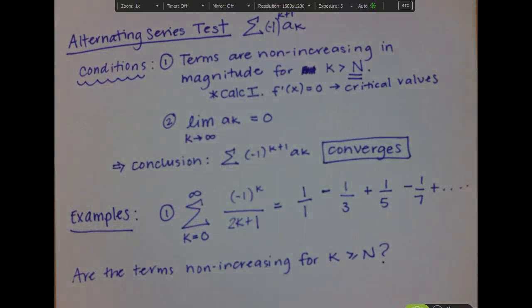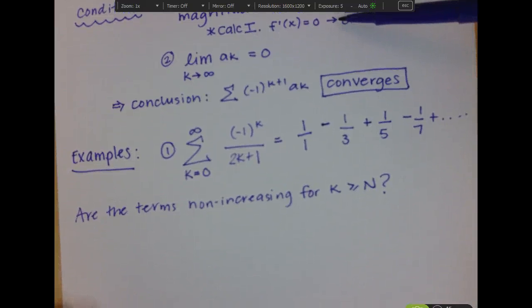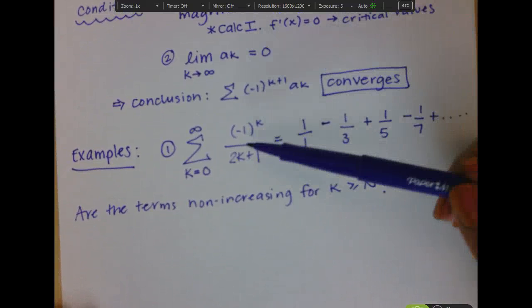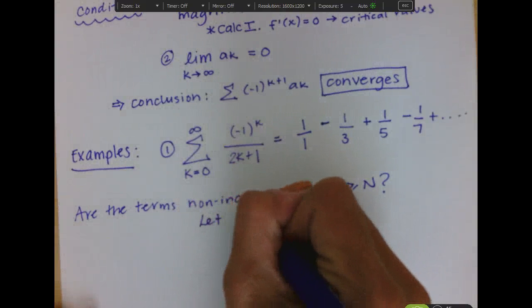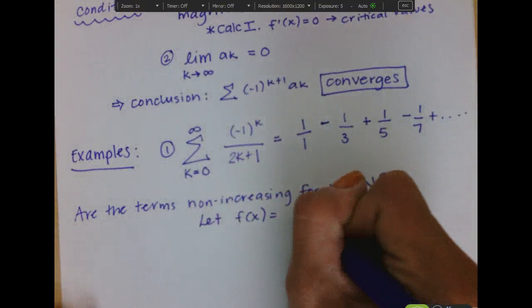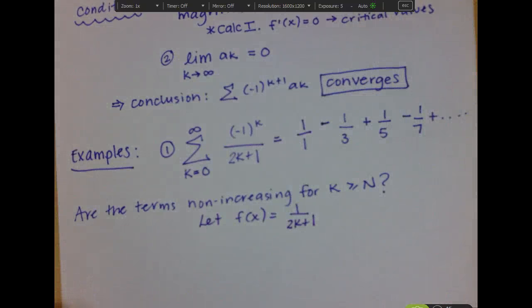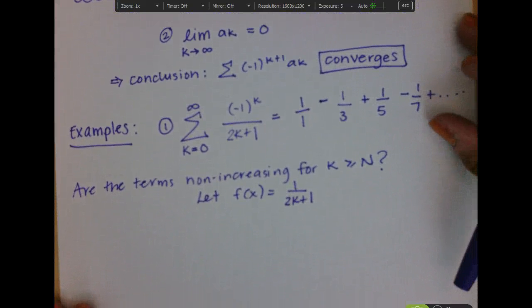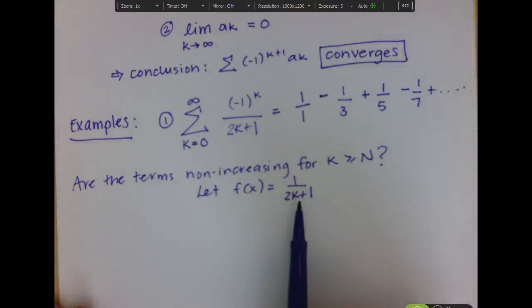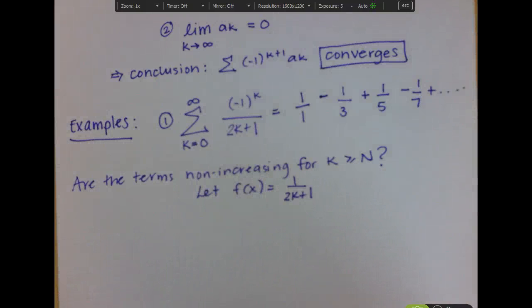And so as I mentioned above, what we're going to do is use some Calc 1 to figure out where this function, and by function here I'm referring to the function 1 over 2k plus 1, so regardless of the sign, where is this function increasing and where is it decreasing? And we are looking for non-increasing.